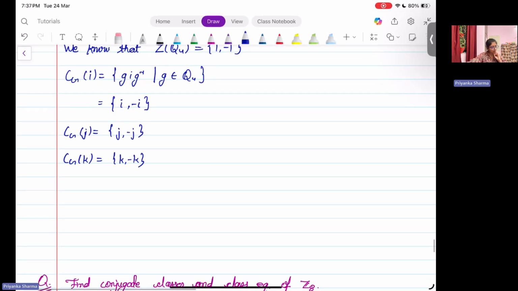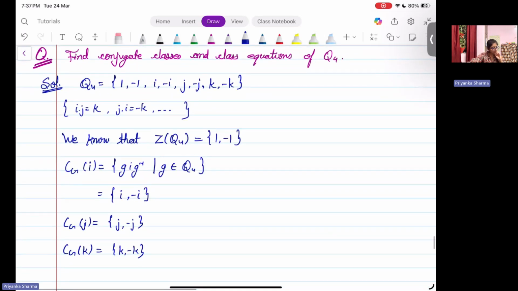What if we want to find the stabilizers also?